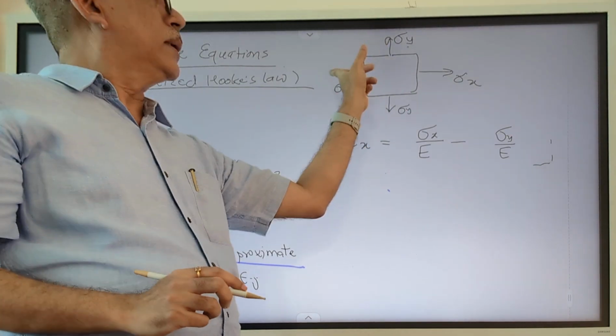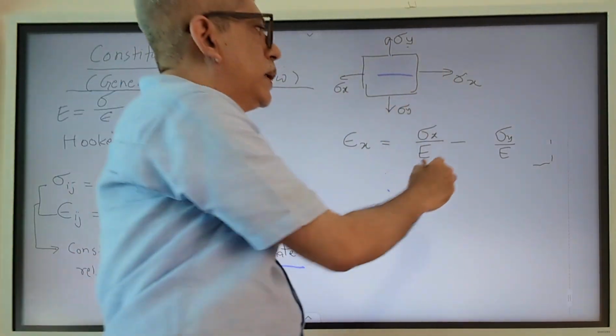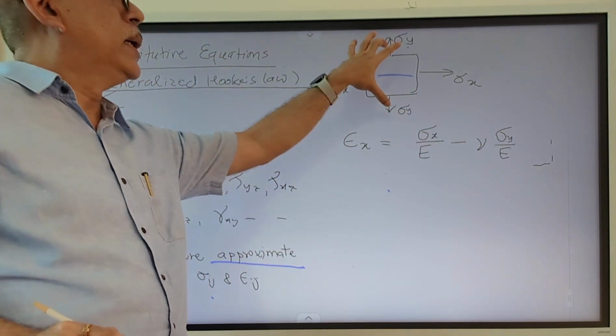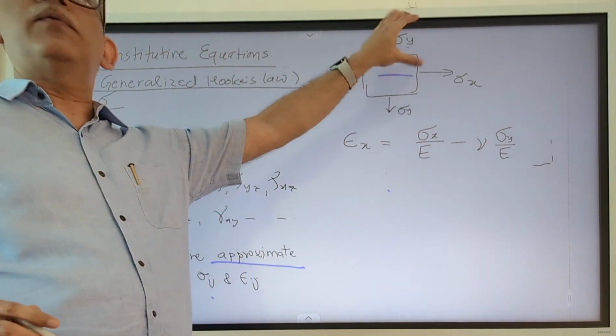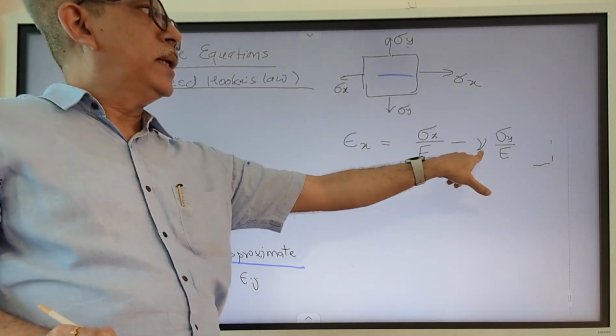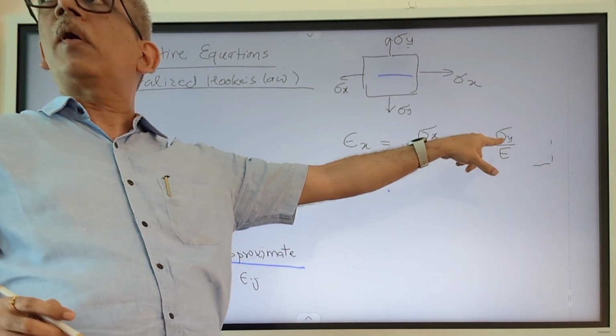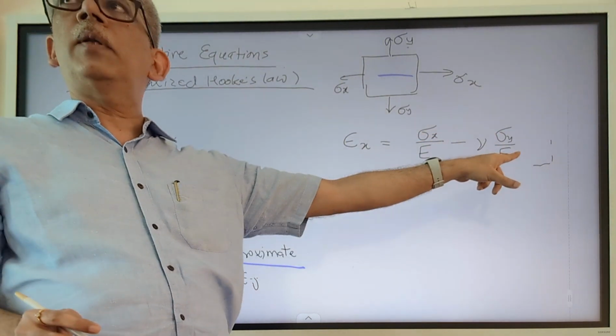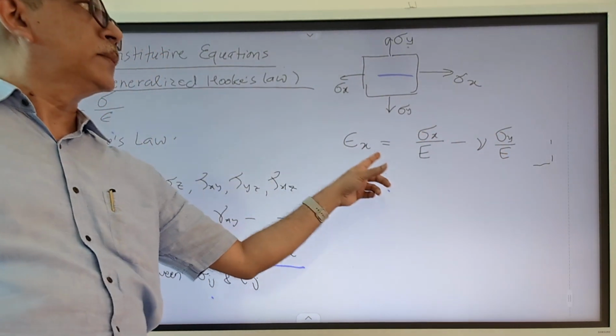In the x direction, you will have the strain given as nu times that. If it elongates in this direction with sigma y by E, it will contract in the transverse direction by nu times this particular component. So that is the strain in x direction given by this particular equation.